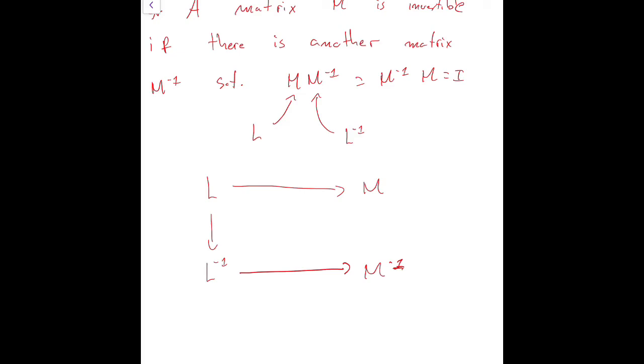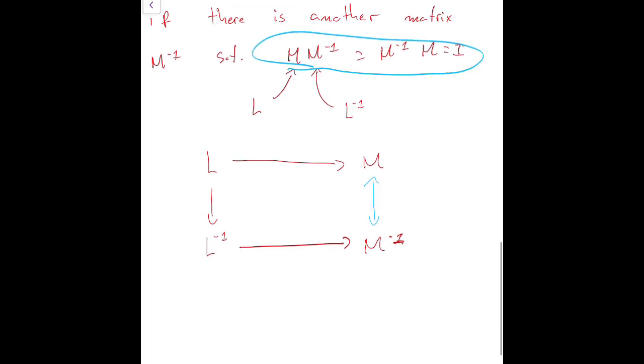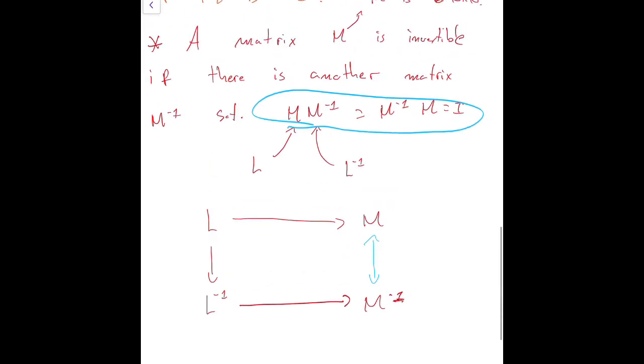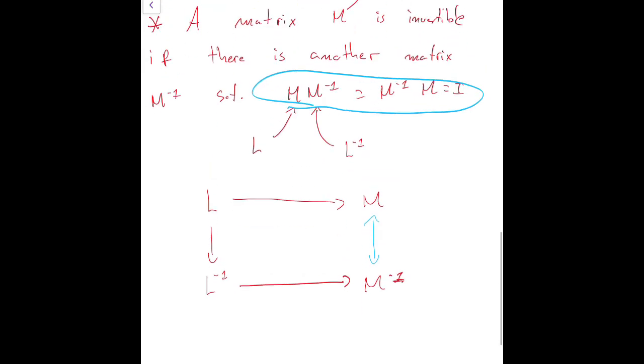The matrix M inverse that goes with the transformation L inverse is going to be the matrix inverse for M. So L goes with M, L inverse goes with M inverse, and what we're saying is that M and M inverse are matrix inverses of each other. In other words, it satisfies this equality here. And that can be seen by some of the stuff that we talked about in class. I'm not going to go over that again here.